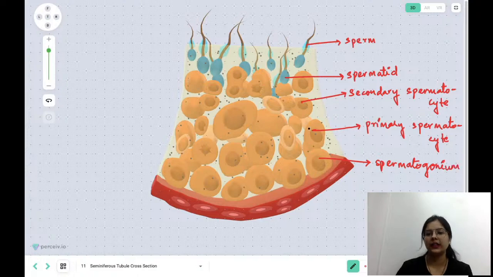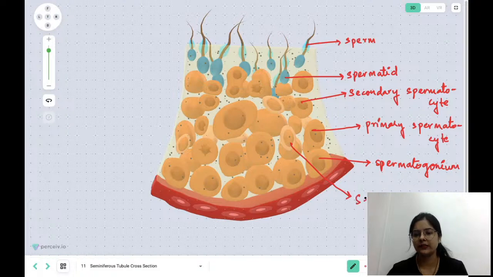All right. And of course, this one becomes your Sertoli cells. Now why this is important, I'll tell you regarding that also. Why will we study all these cells? Because these cells are important as they represent the process of spermatogenesis. Without studying these cells, you won't be able to study all those processes.